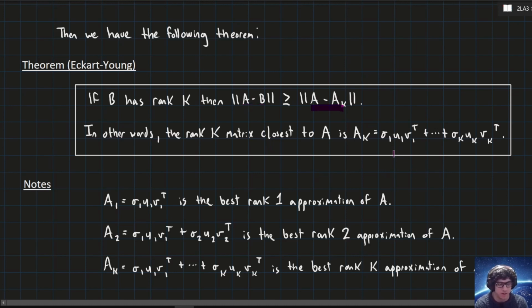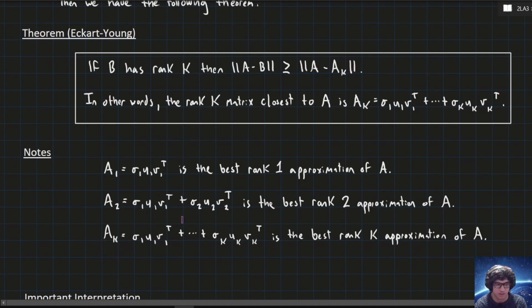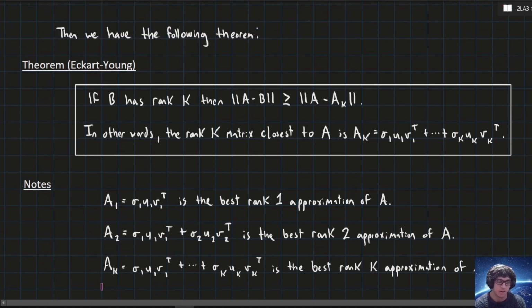A_2, which is the sum of the first two pieces, is the best rank 2 approximation of A. So of all the rank 2 matrices, A_2 is the closest. And in general, A_k is the best rank k approximation of A.